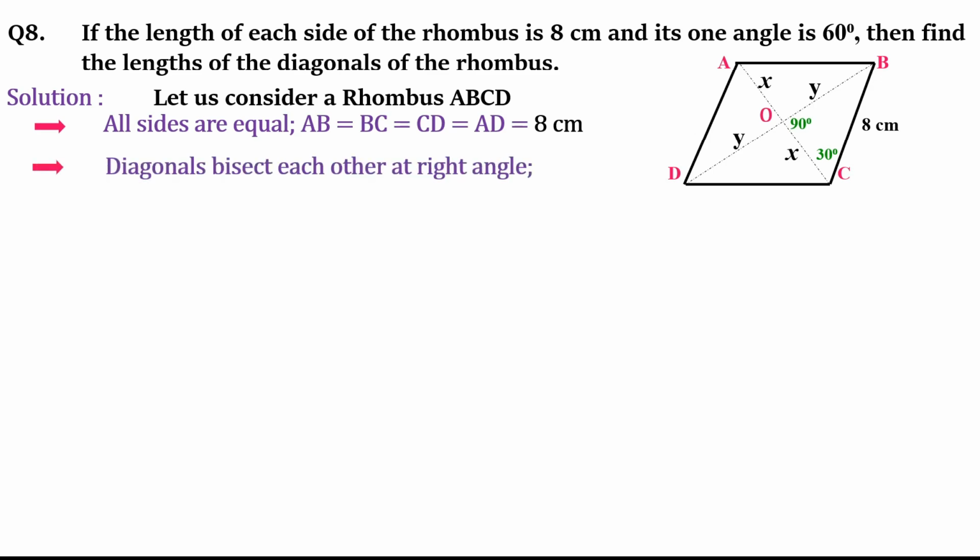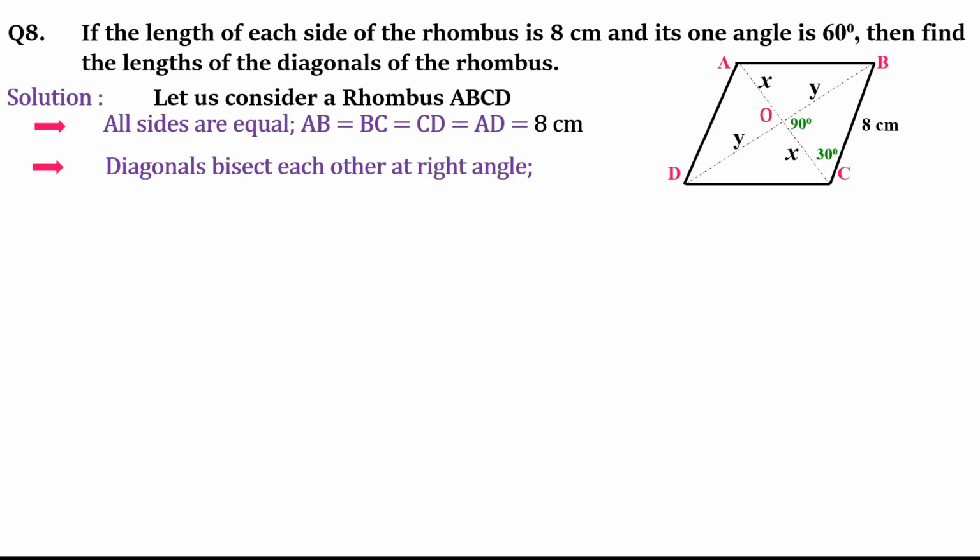Next, we also know that diagonals bisect each other at right angle. That means this diagonal AC and the diagonal BD, at the point of intersection, wherever these two meet, they are meeting at point O. Wherever they meet, that point is dividing the two diagonals into two equal parts, because AC and BD are getting bisected at O, and that meeting point is special because they are meeting at right angle.